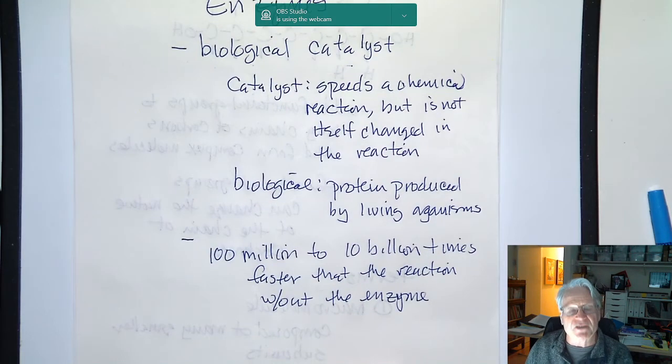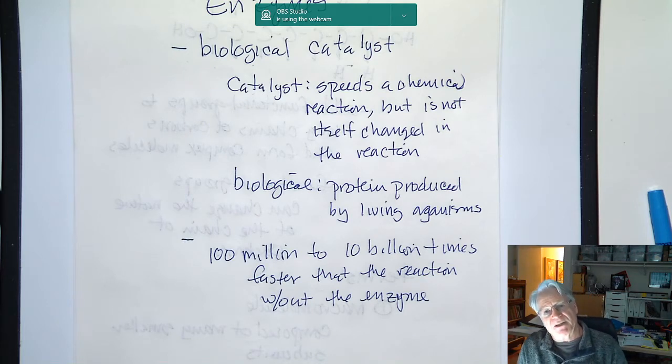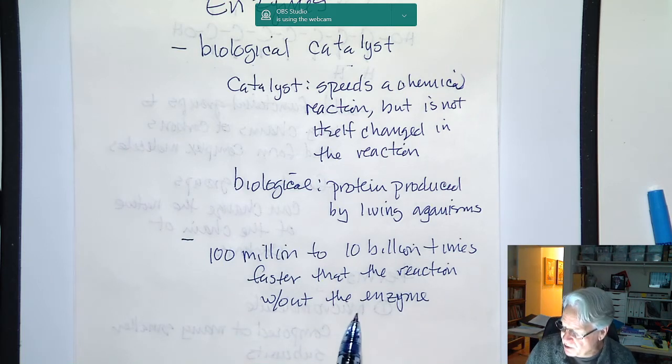So we're talking about a tremendous boost in the rate of reaction for a particular metabolic pathway, 100 million to 10 billion times faster than it would ordinarily take place. And with this kind of increase in reaction time, you can sustain life.